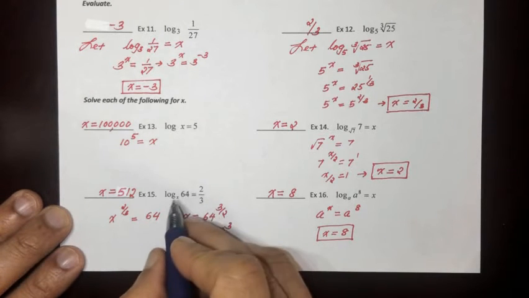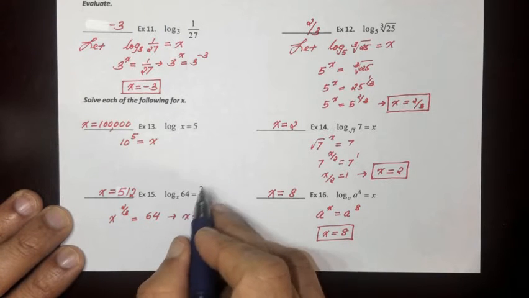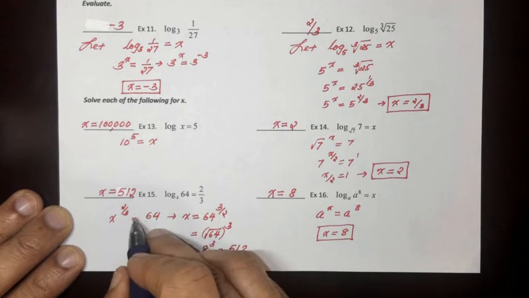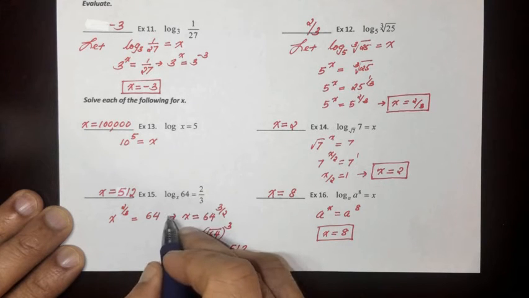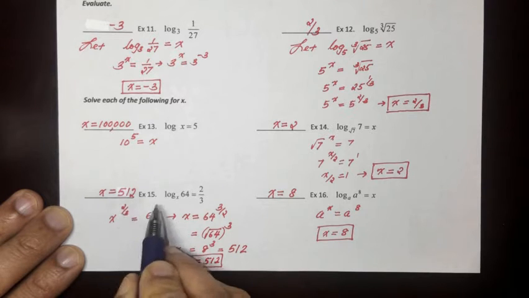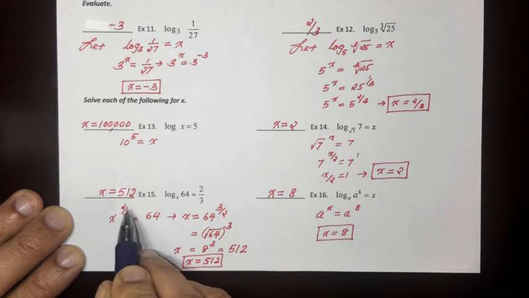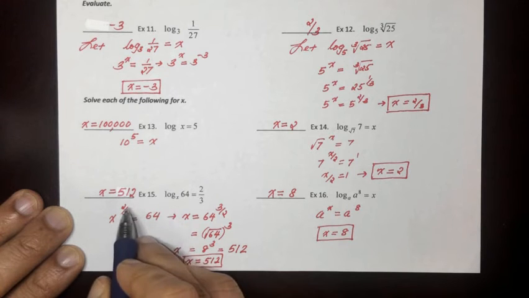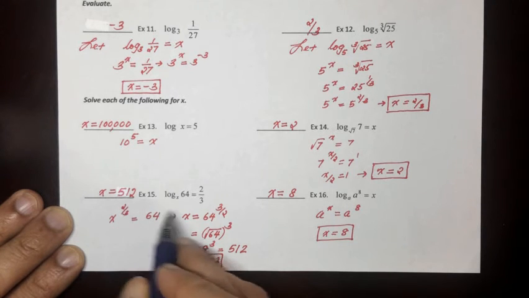Over here, log 64 to the base of x is equal to 2/3, so x to the power of 2/3 is equal to 64. Or you can transpose the exponents from one side to the other side. When you transpose the exponents, we need to make sure that this is flipped. So 2/3 becomes 3 over 2.